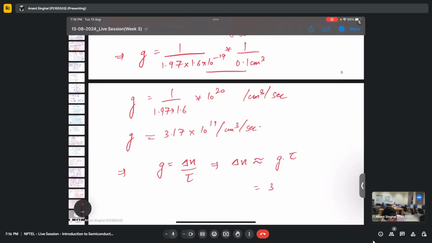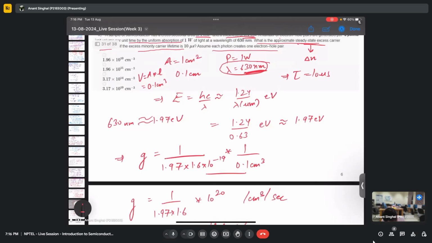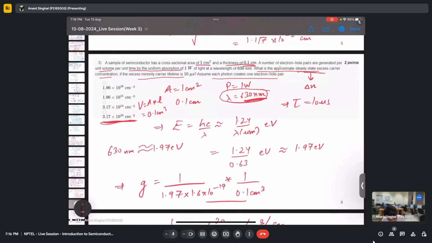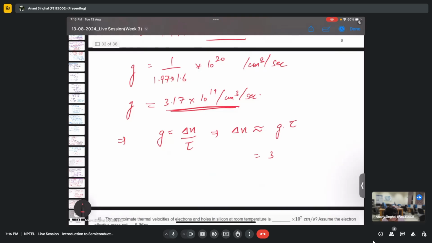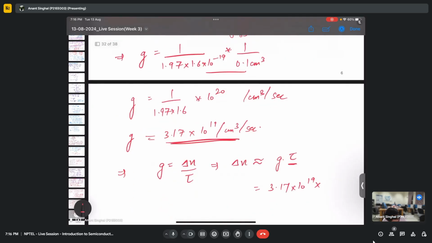This is a good question because we have both g and delta n in the options. One might think that g is the correct answer, but this is not correct because ultimately we need to find the excess carrier concentration per centimeter cube. So that will be 3.17 times 10 raised to 19 times the minority carrier lifetime, which is given as 10 microseconds.